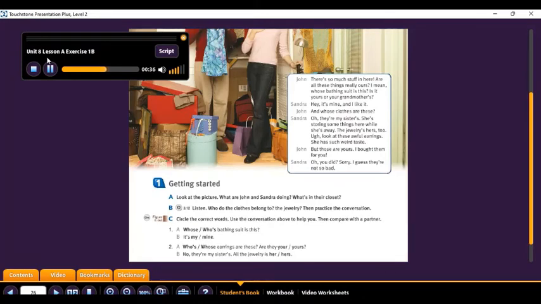Hey, it's mine, and I like it. And whose clothes are these? Oh, they're my sister's. She's storing some things here while she's away. The jewelry's hers, too. Ugh, look at these awful earrings. She has such weird taste. But those are yours! I bought them for you! Oh, you did? Sorry, I guess they're not so bad.